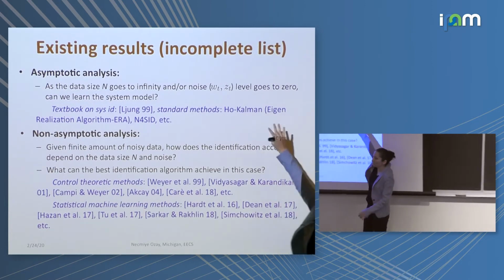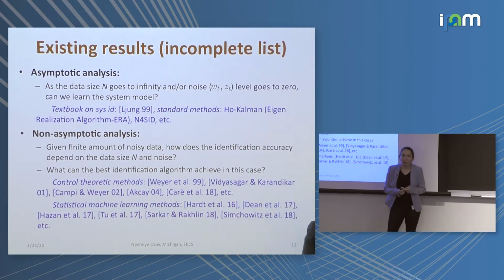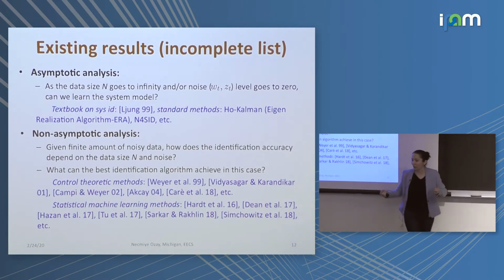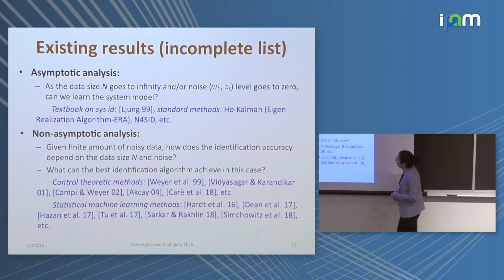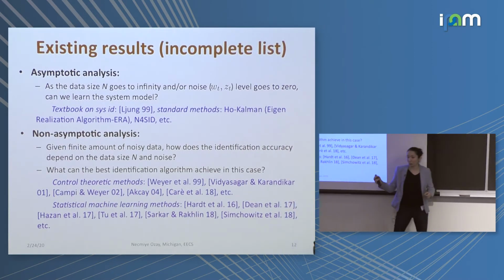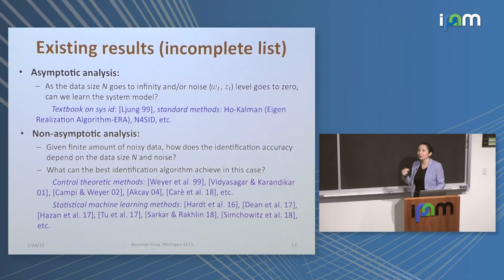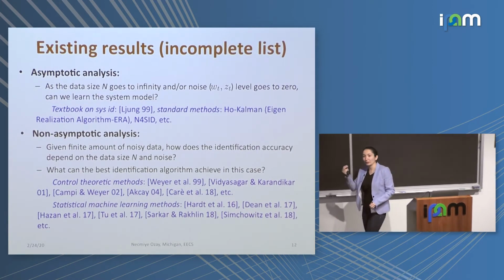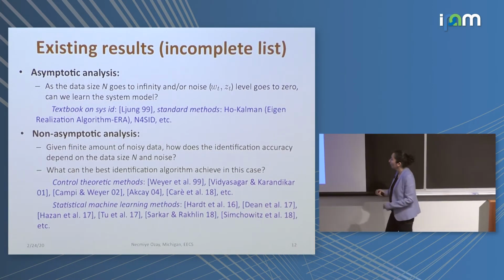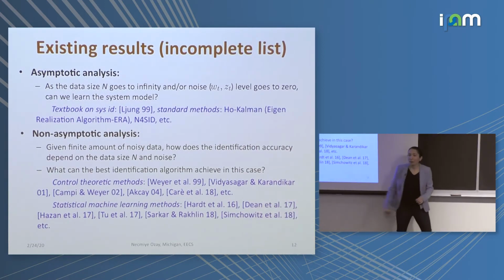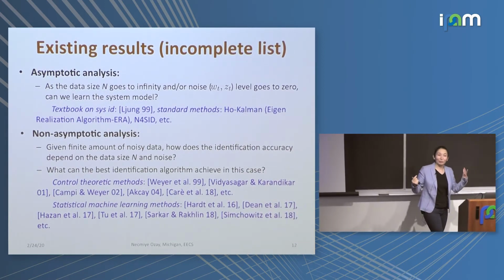But what we want to do is analyze an existing method, rather than coming up with a new method. And we want to do it for input-output data, rather than the simpler setting from an identification point of view where you observe the state. Although from a statistical analysis point of view, observing the state doesn't make things too much easier.